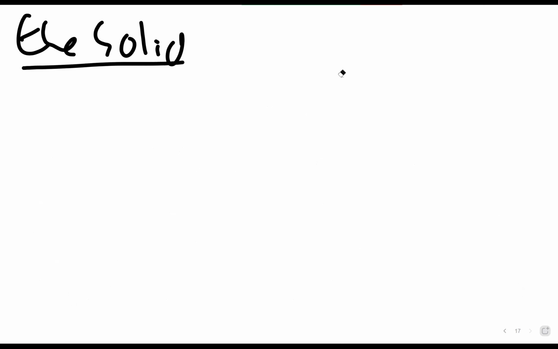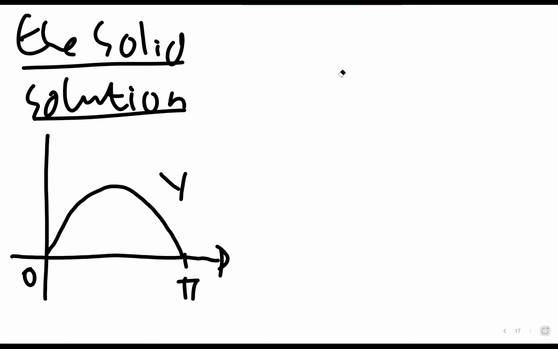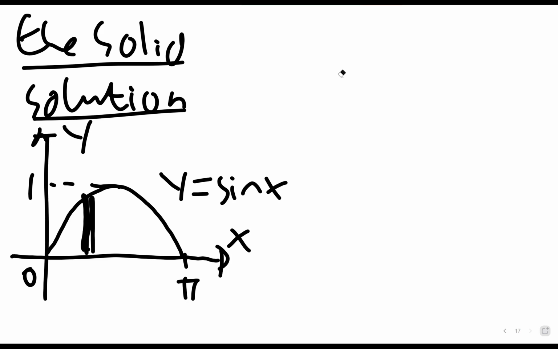So the first step will be to sketch the region, but it's not that difficult because this is a familiar curve, y equals sine x, from 0 until pi. So this is y equals sine x, here 0 until 1. The idea is that we have the cross-section perpendicular to the x-axis.